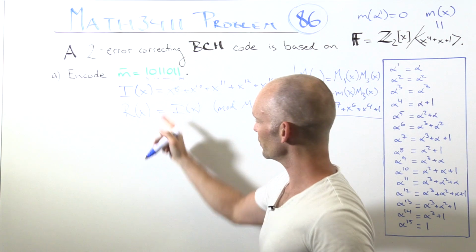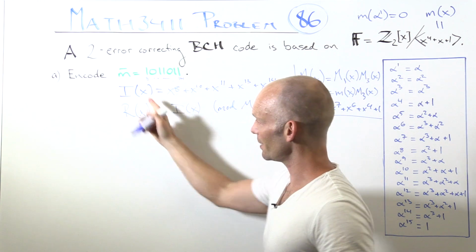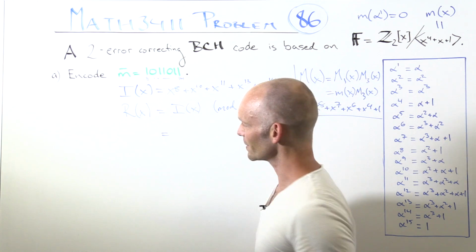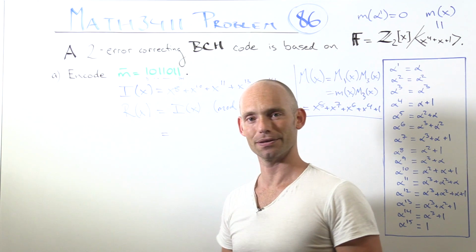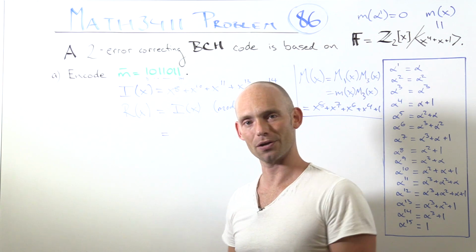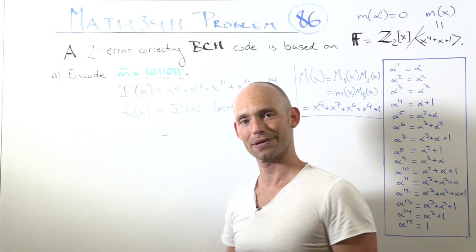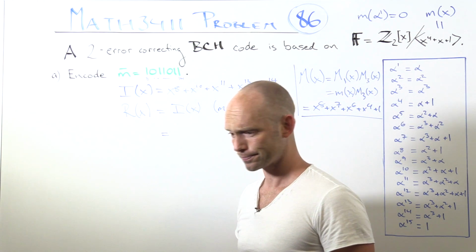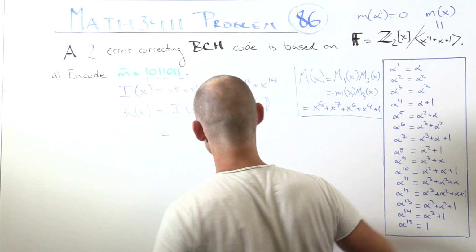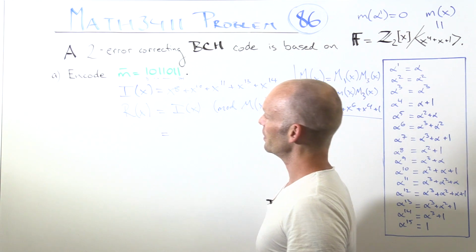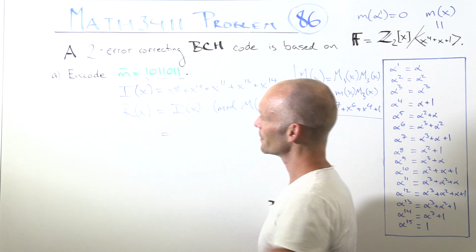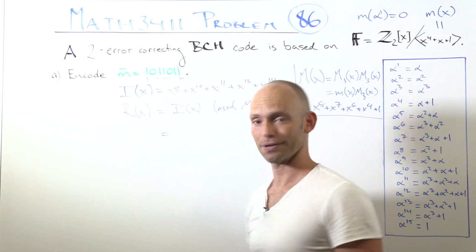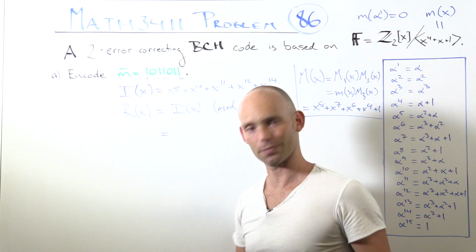There we could just evaluate I of x in alpha, and that would give you the check polynomial there. Well, indirectly, it would give you a power of alpha, or some expression in alpha, and one of these linear combinations here. And that would then give you the corresponding polynomial in x just by replacing alpha by x.